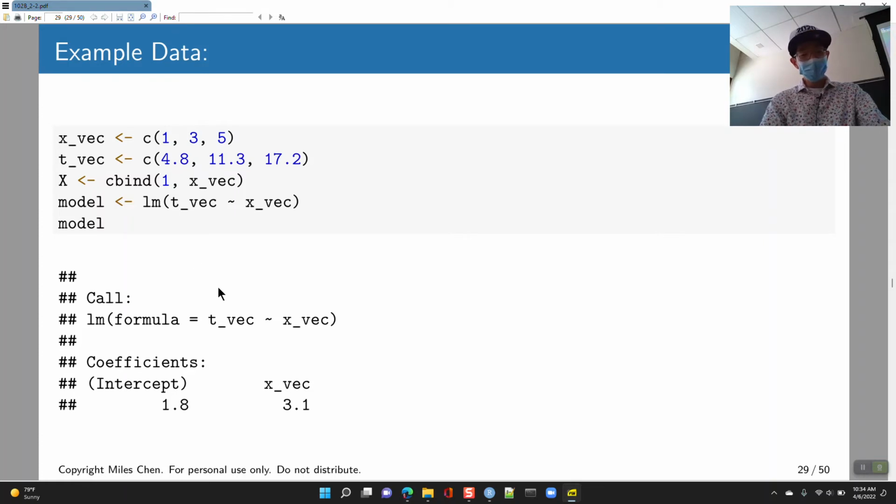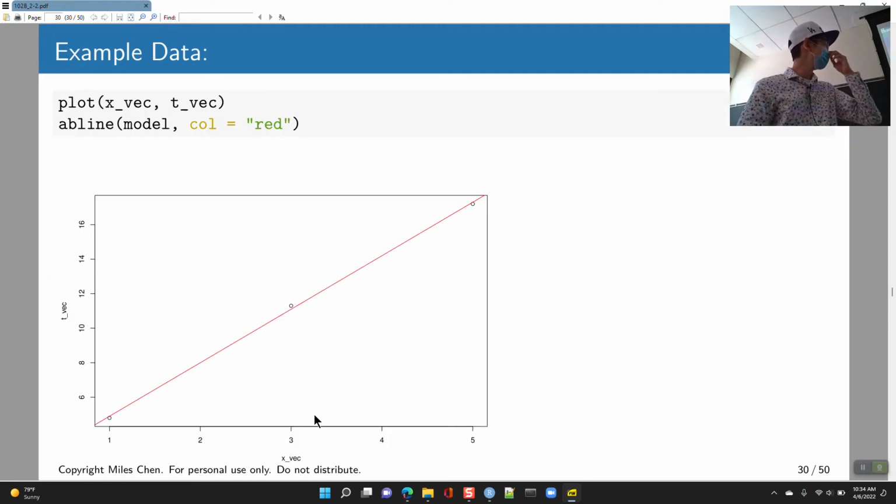If I were to solve this using just linear regression, the answer is that our intercept should be 1.8 and the slope should be 3.1. This is the answer that we want to find. Again, using gradient descent in this situation is a little silly because we already have the answer. But I want to show you that we're going to start off at some arbitrary location and come to the solution.